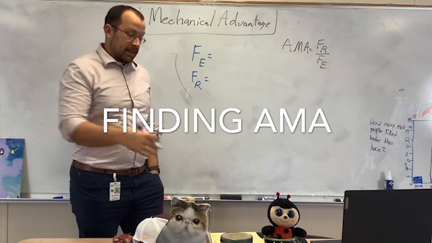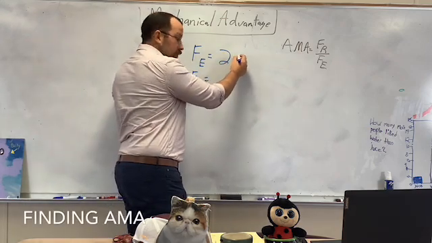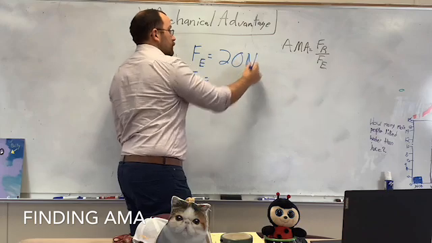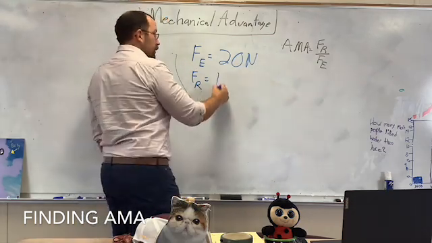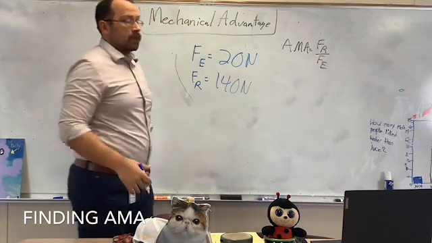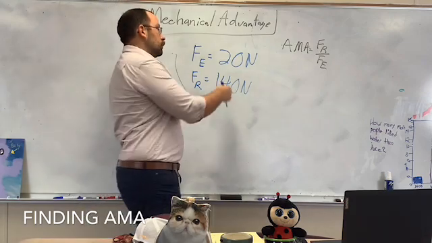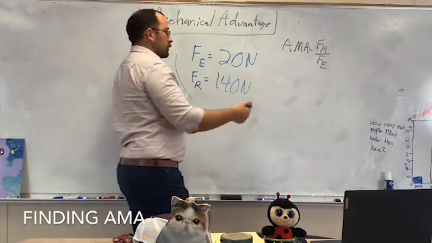The first one, I have an effort force of 20 newtons, and my resistance force is 140 newtons. Just like every equation, once you know the two things that you have, you plug them into the formula.